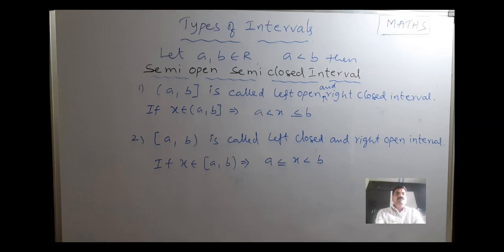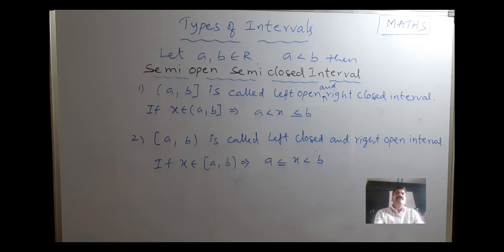Now here are some more types of interval. This is about semi-open and semi-closed intervals. So the first one, look at me. How to read that? Open a comma b closed.